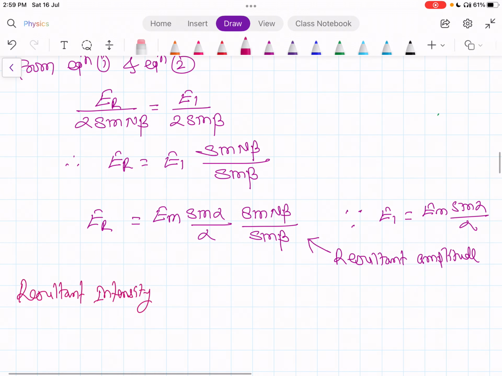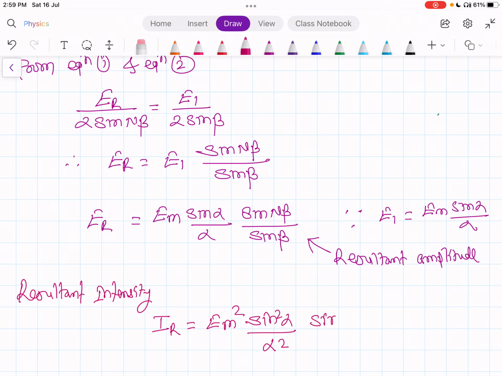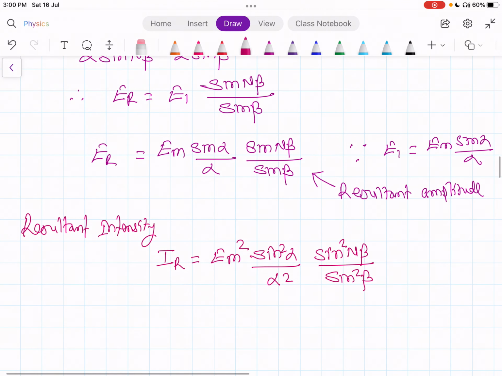The resultant intensity IR is equal to Em square sine square alpha upon alpha square into sine square n beta upon sine square beta. So that is the equation for resultant intensity.